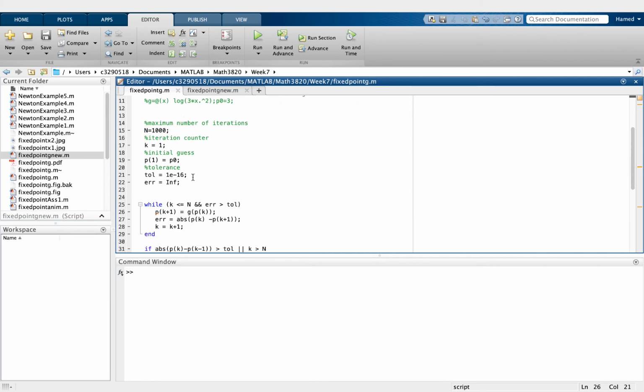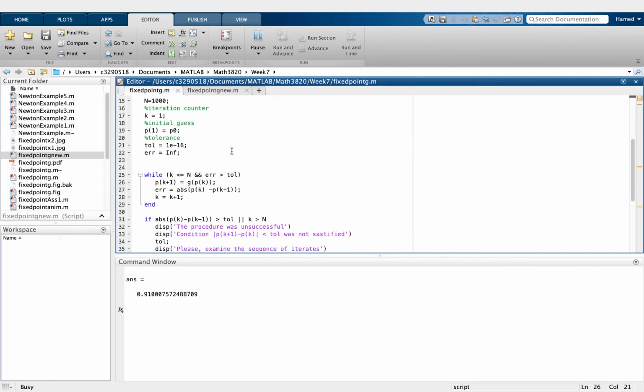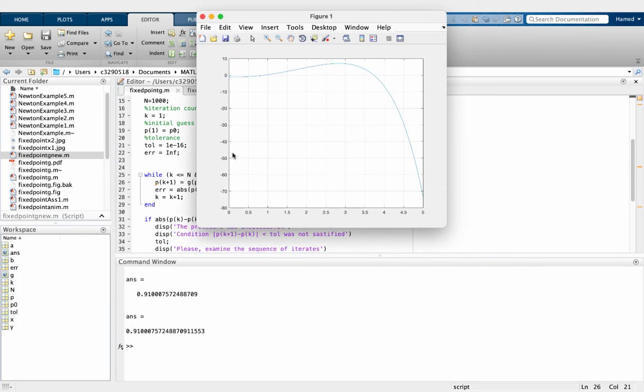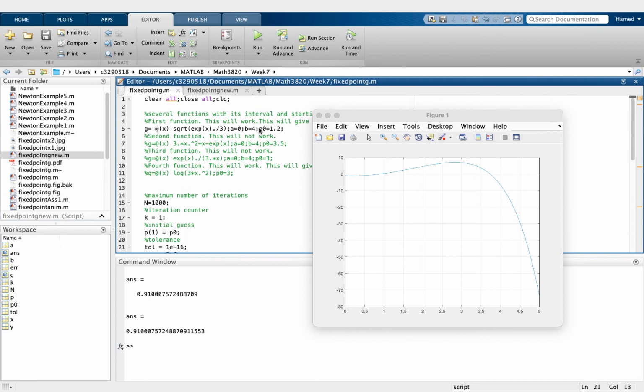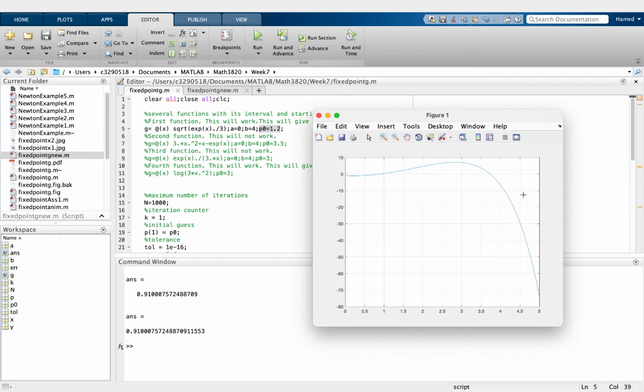Now let's run the code here, and we can see that the root is 0.91 with this initial point, which is 1.2. Let's zoom in here.